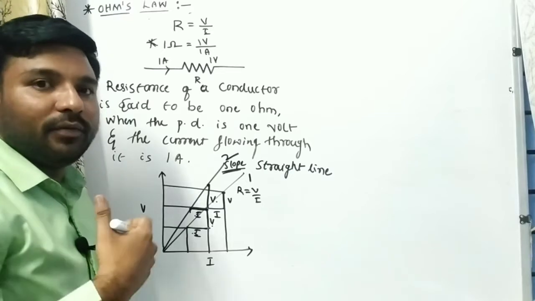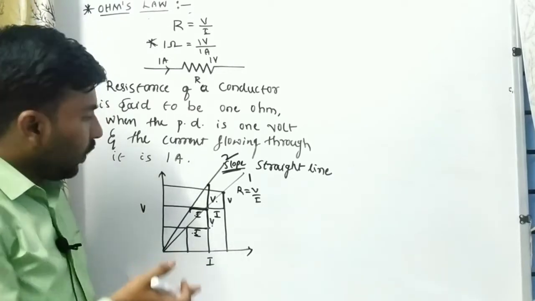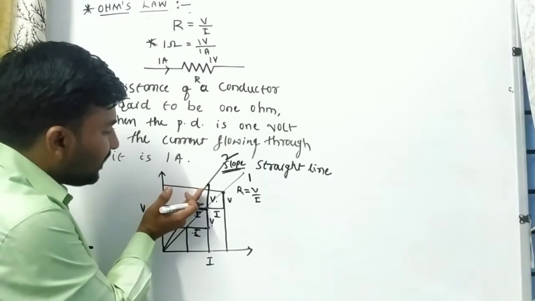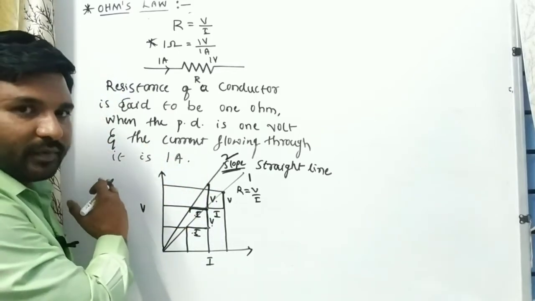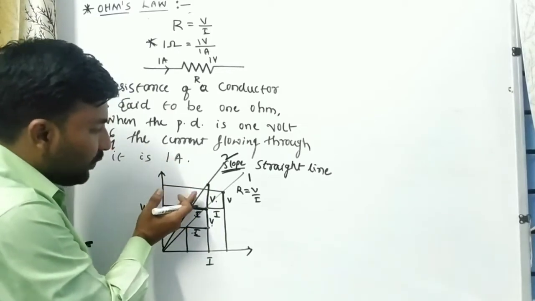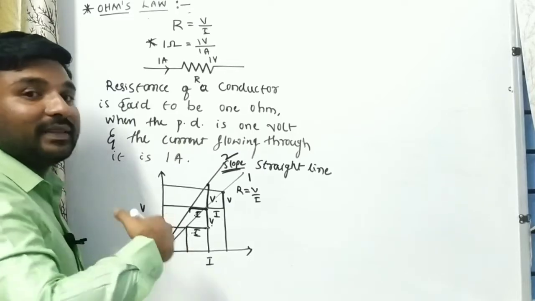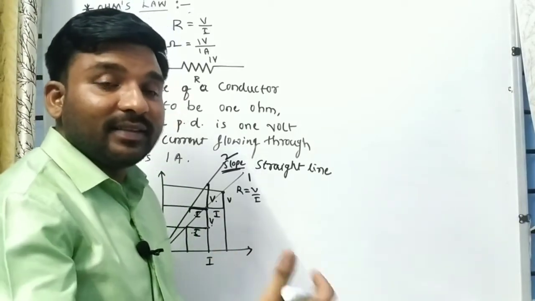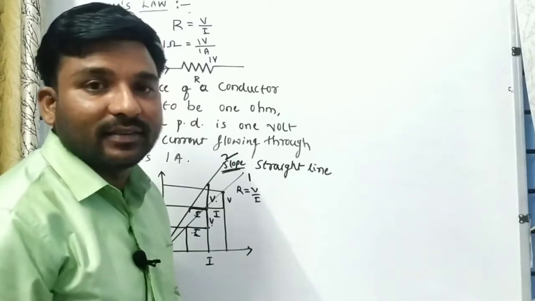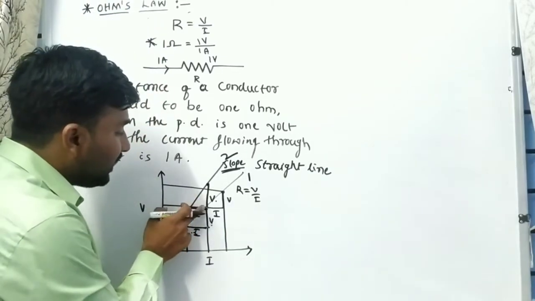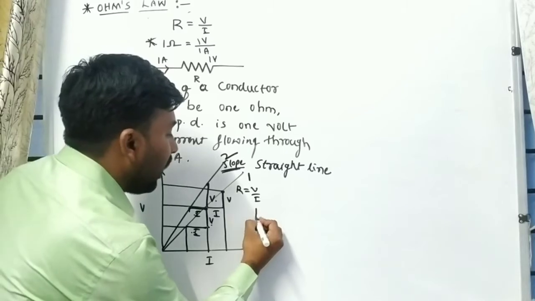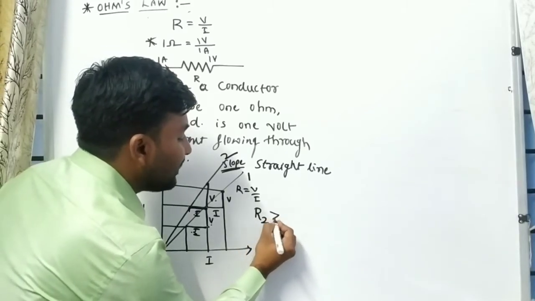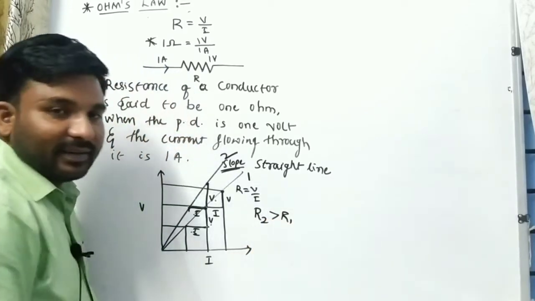So here we got one idea: the resistance which has the highest slope, that resistor has the greater resistance. So between these two conductors, R2 has the greater resistance.